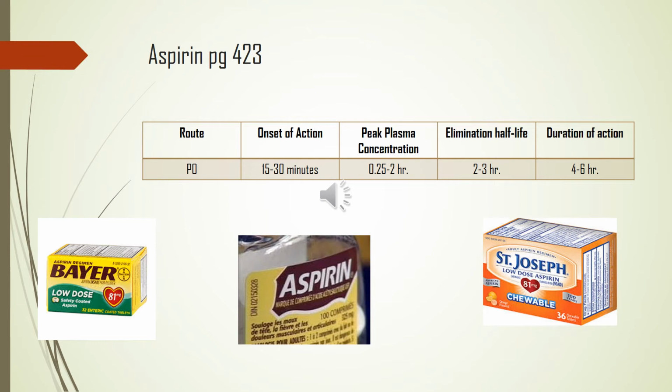I also put on here St. Joseph's low dose aspirin chewable. This is what you're going to see in an ER, typically, because if you have somebody coming in with active chest pain, they're going to give 81 milligrams of aspirin and they're going to want you to chew it. So that's why I have that on there.